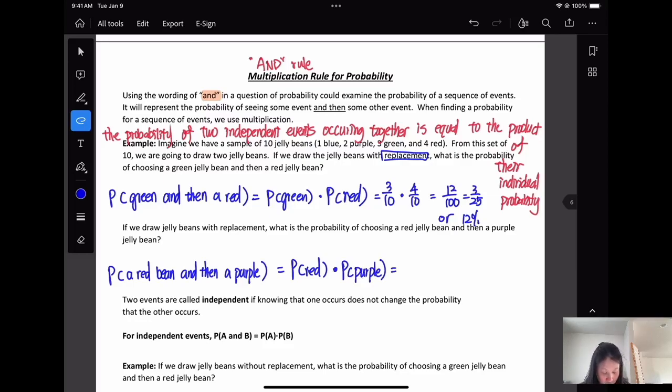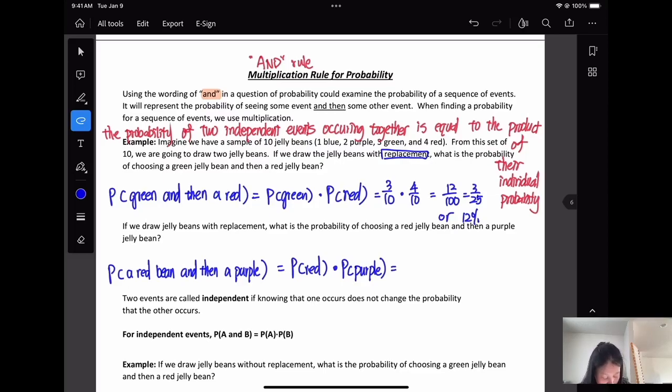So the probability of drawing a red bean is 4 out of 10 times the purple bean, 2 out of 10. Total combined is 6 out of 100.